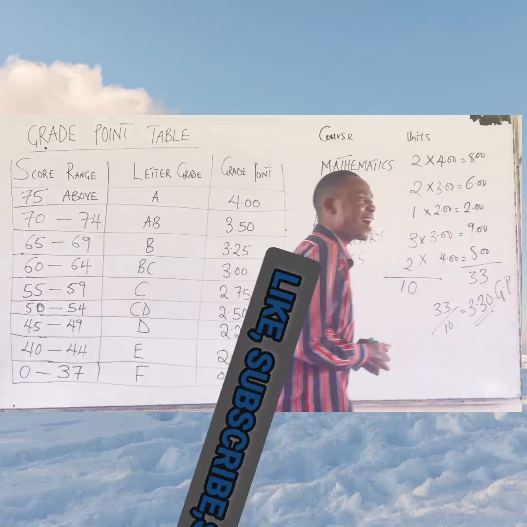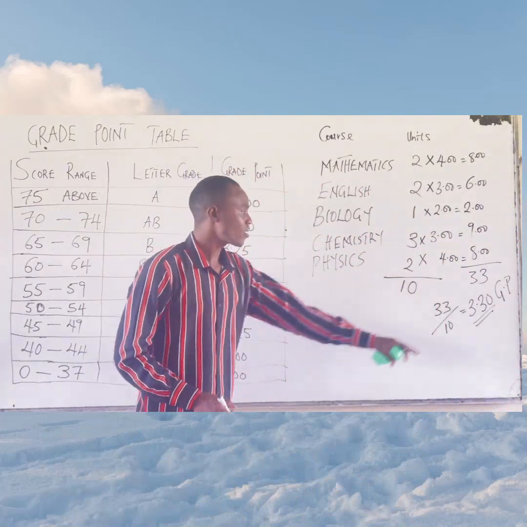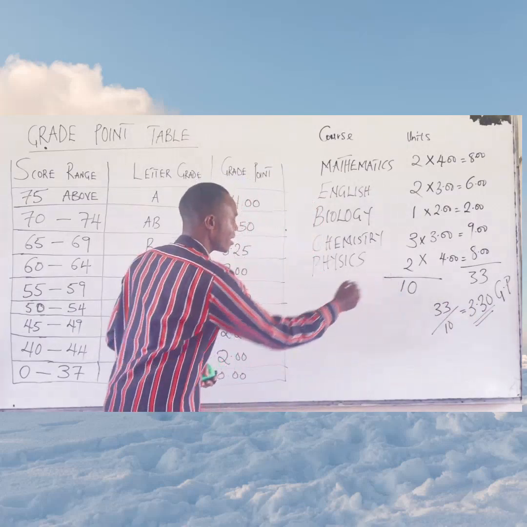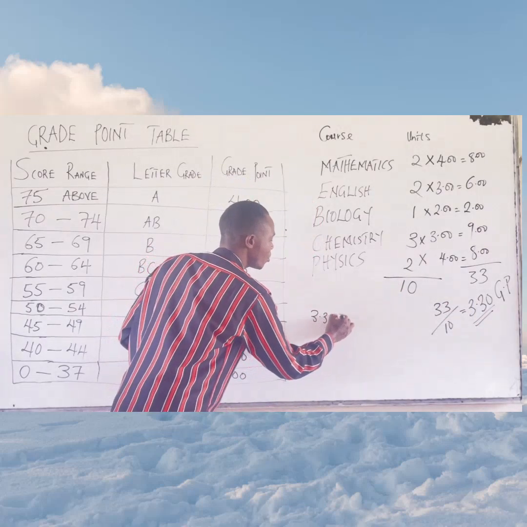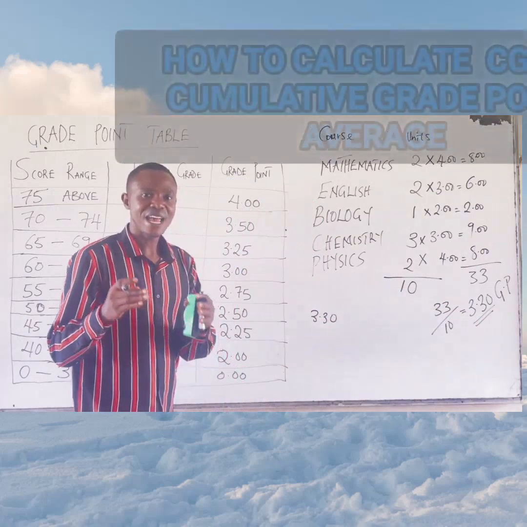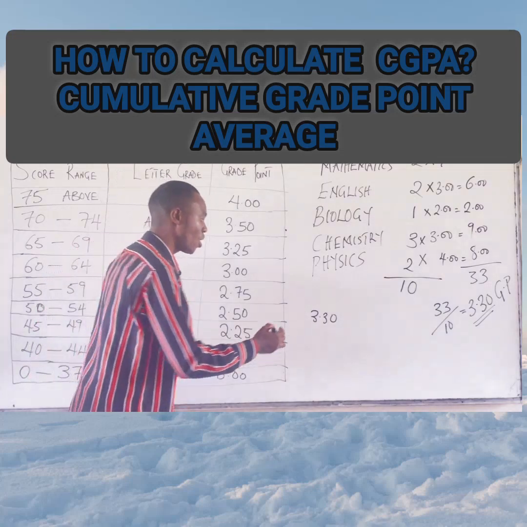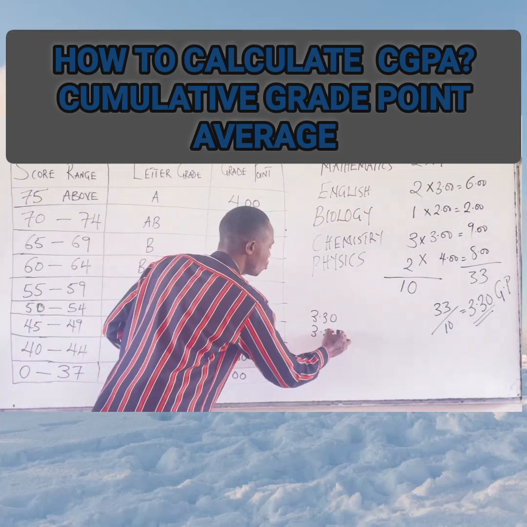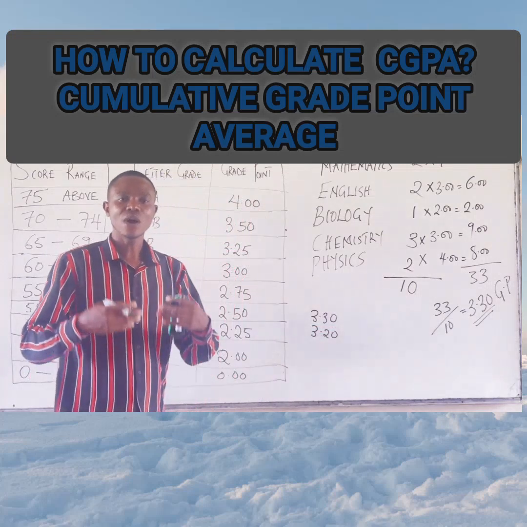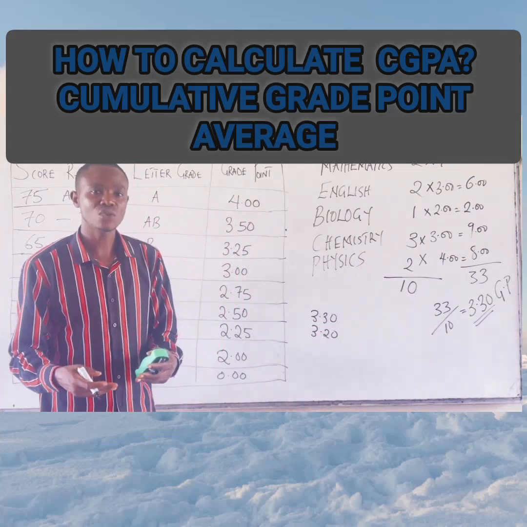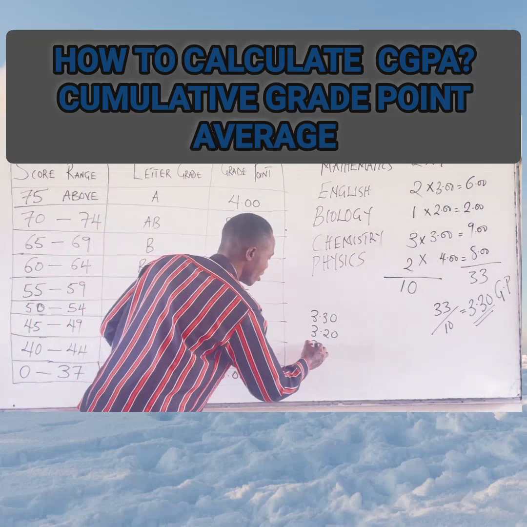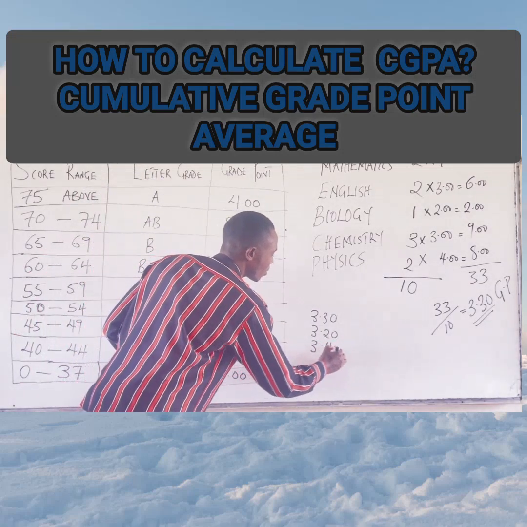So for instance, you got 3.30 in your first semester in ND1, like what we did now. Then second semester in ND1, you got 3.20. Then in your ND2, National Diploma 2, you got 3.40.